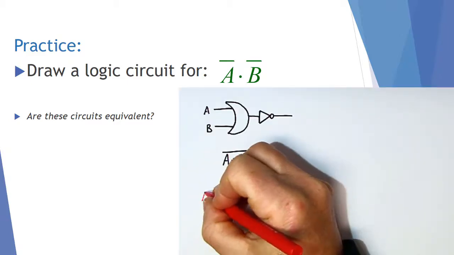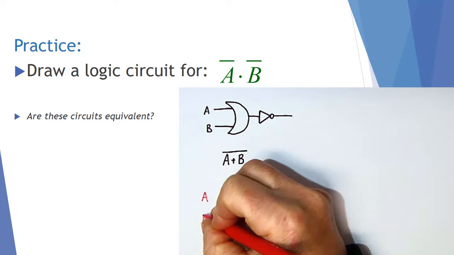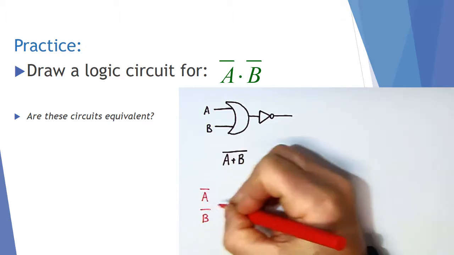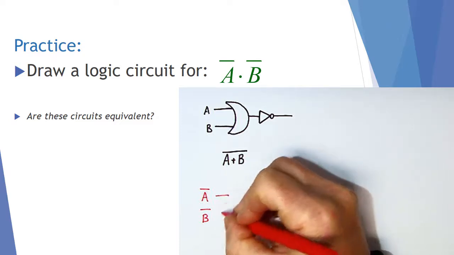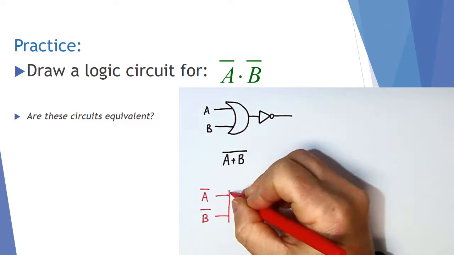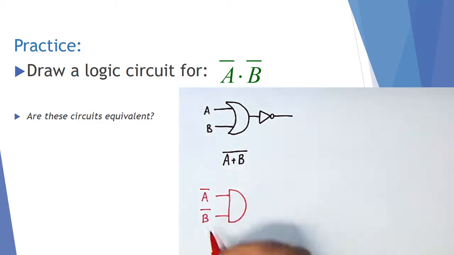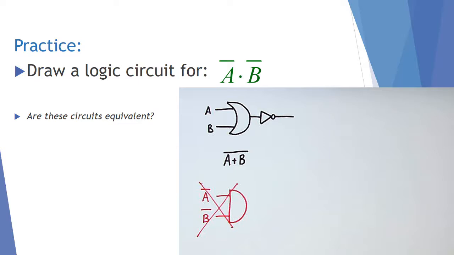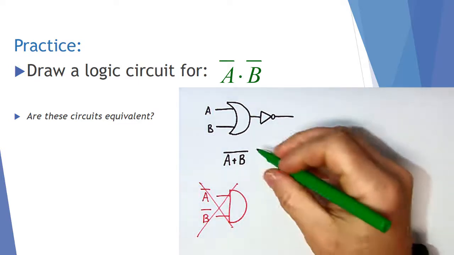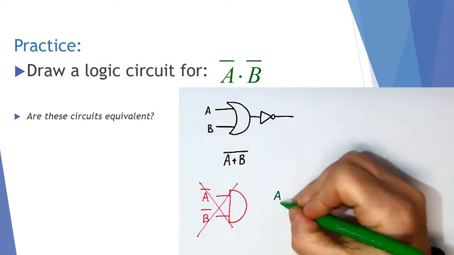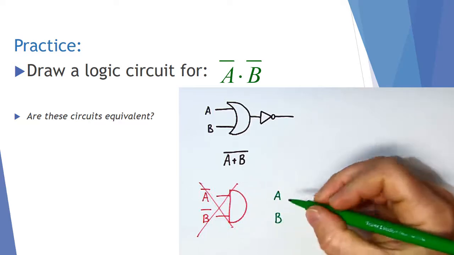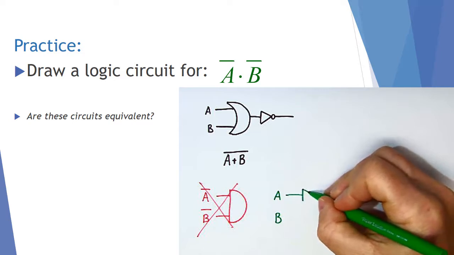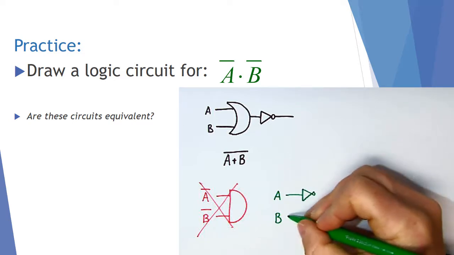Okay, well, be careful, because here's a common mistake I see. I often see people say, oh, okay, I'm going to start with not A and not B, and I'm going to run those into an AND gate. But that's not right, because our inputs can't be negation values. Instead, what we have to do is start out with inputs A and B, just like we did up above. We're going to have an input A and we're going to have an input B. Now, if we want the negation of those, we have to draw that inverter or that NOT gate in order to switch those over.